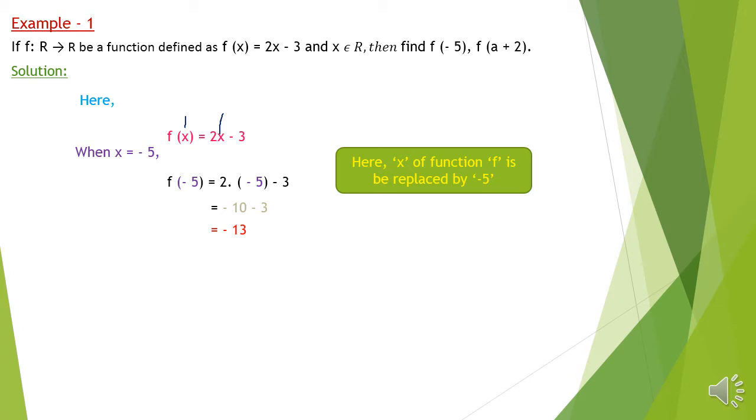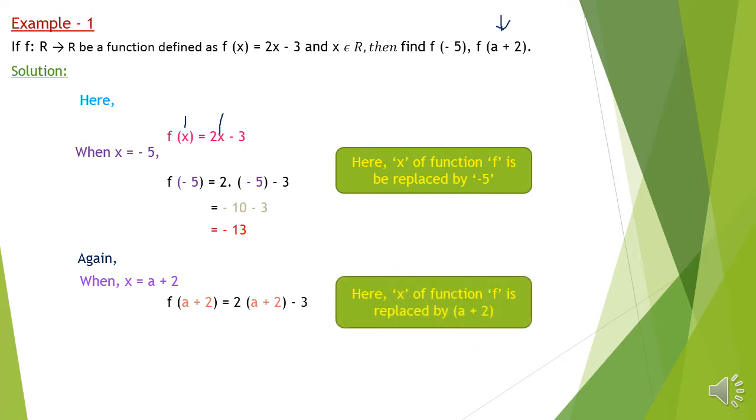Now for the next function, the input will be a + 2. So x = a + 2. Again, when x = a + 2, the entire x of function f will be substituted by a + 2.